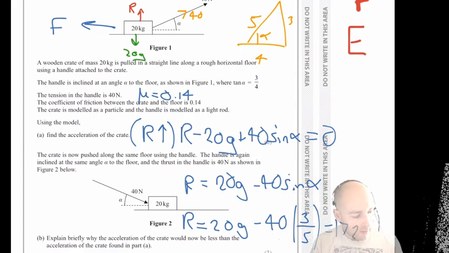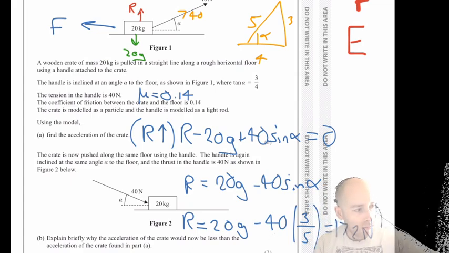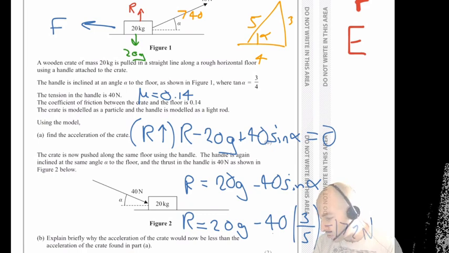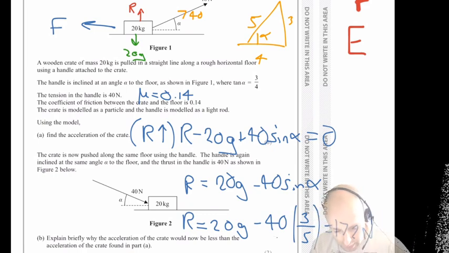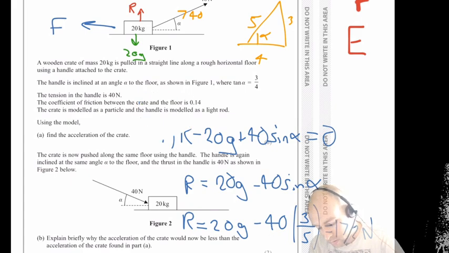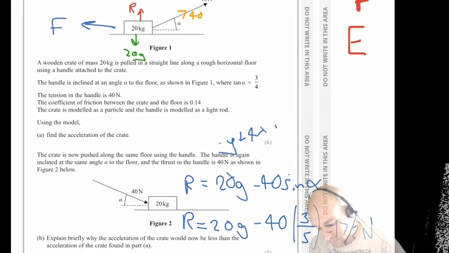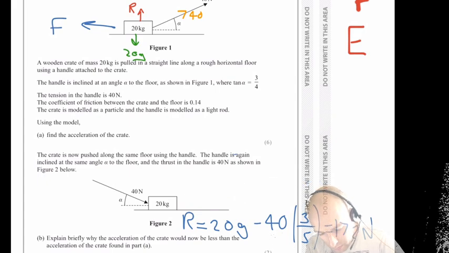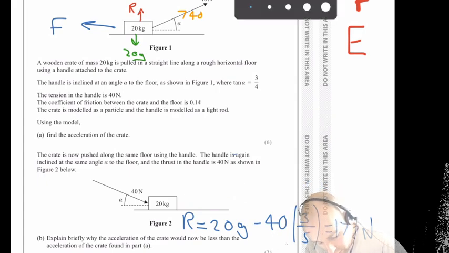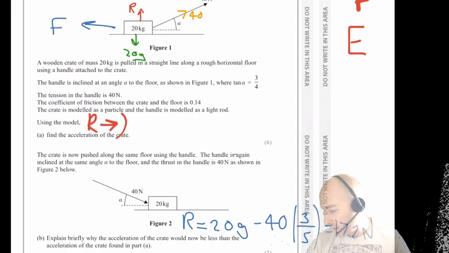Cool. Right, so that's half of the problem. We now need to resolve horizontally to find out what the acceleration is. So if I get rid of everything so far, I'll leave that down there. So we're now going to resolve horizontally, in the direction I think it's accelerating in.